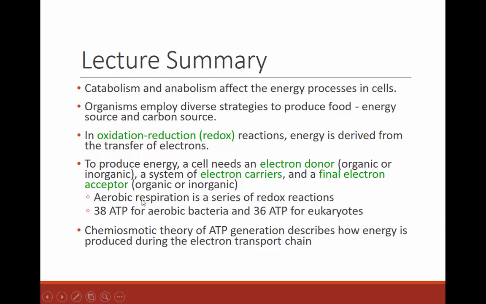Aerobic respiration is a series of redox reactions, so we've looked specifically at the different parts of glucose catabolism, and when that aerobic respiration occurs, aerobic bacteria, so the prokaryotes, can produce 38 molecules of ATP, whereas eukaryotes can only produce 36. Okay, and you've got the definition of chemiosmosis as well.